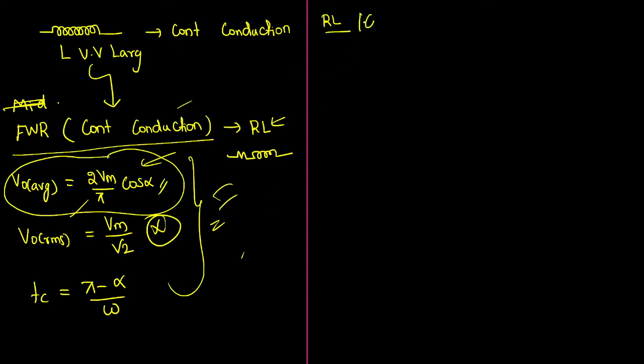If it is in discontinuous conduction, what can be the expected formula? Then V naught average can be written as Vm by pi into cos of alpha minus cos of beta.